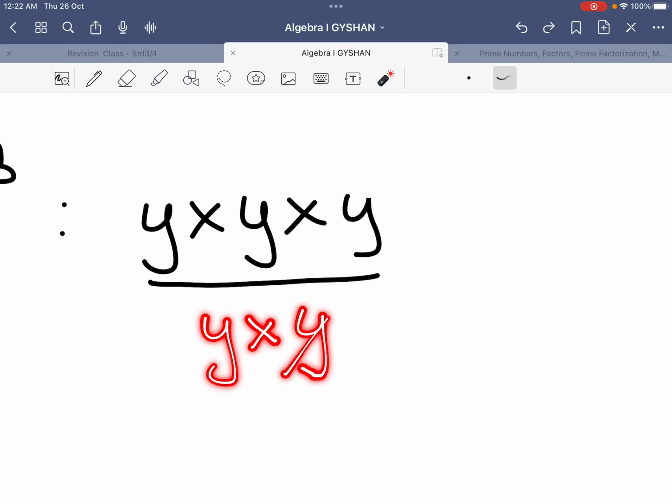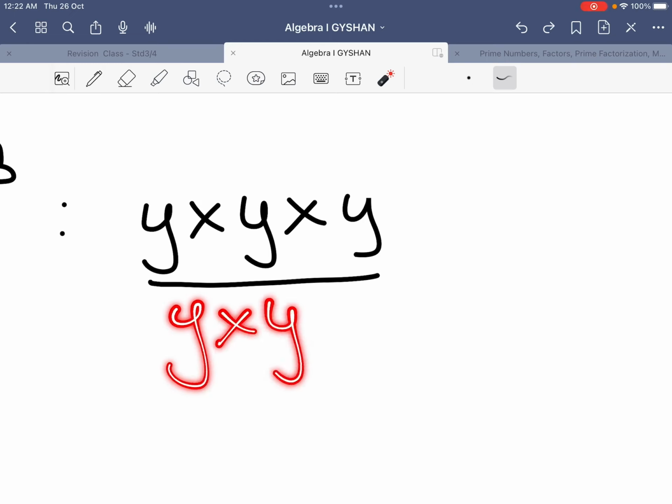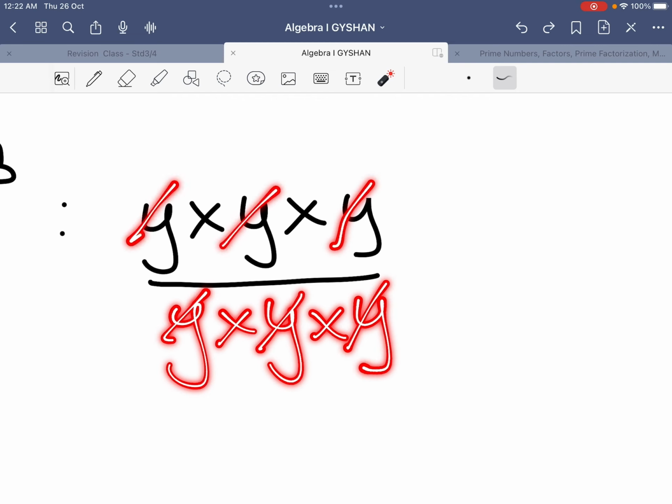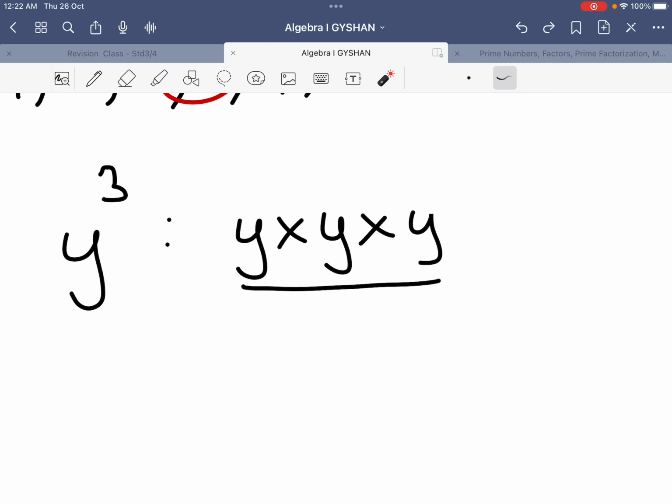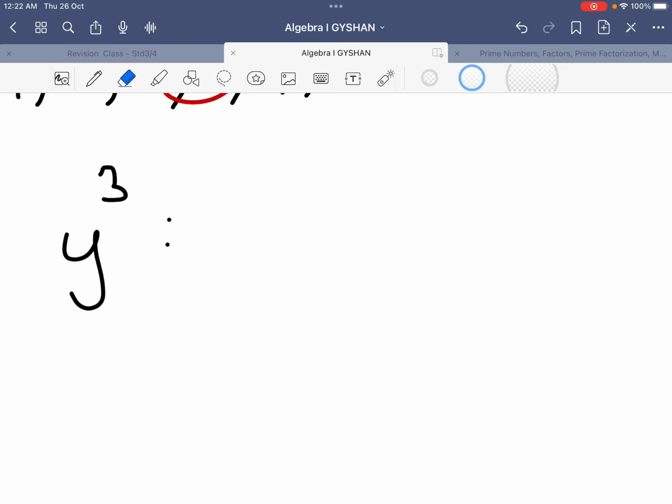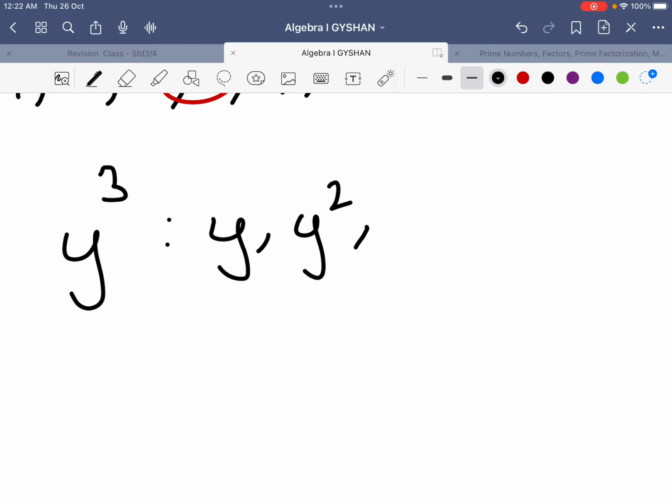So 2 of the y's will cancel with 2 of the y's, leaving you with 1 of the y's. So that is a factor. And then lastly, we can use y cubed. Y cubed can go into y cubed. Y cubed, of course, is y times y times y, and 3 of these will cancel with 3 of these. Right, so those are your factors of y cubed. Your factors will be y, y squared, and y cubed.